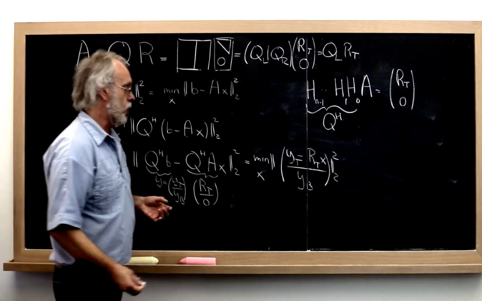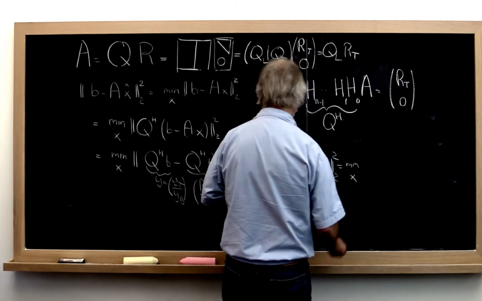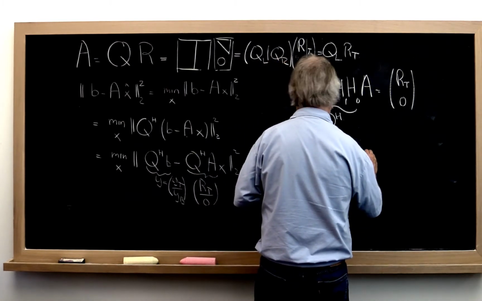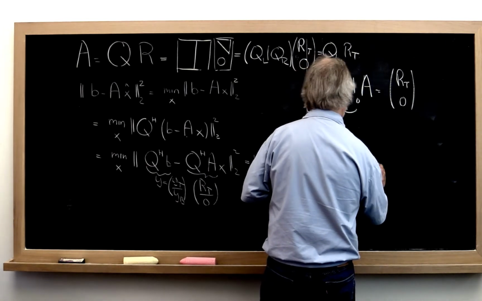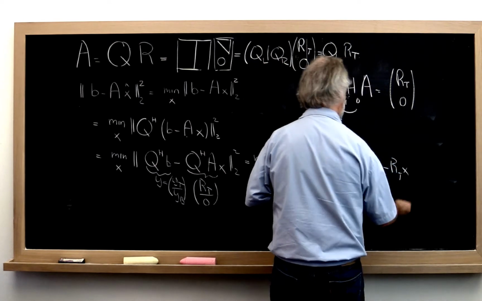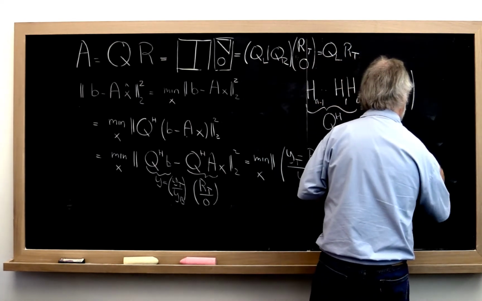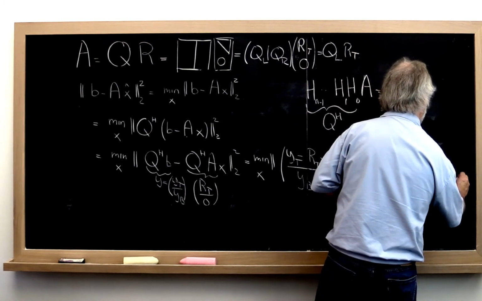And just like before, we then see that that's equal to the minimum over all x of the 2 norm of y top minus R top x squared plus the 2 norm of y bottom squared.